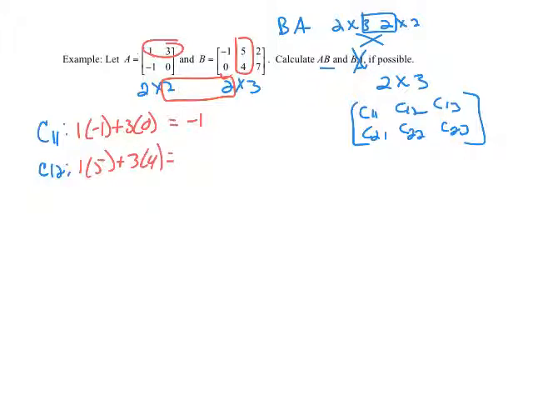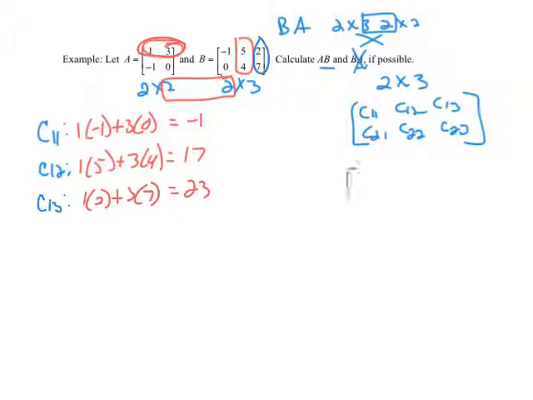And that ends up being 5 and 12, 17. All right, the next one is C13. That's going to be first row, third column. So it's going to be 1 times 2 plus 3 times 7. That's 21, 22, 23. That should be 23. So we've got our first row done: -1, 17, 23. Now we do 3 more.